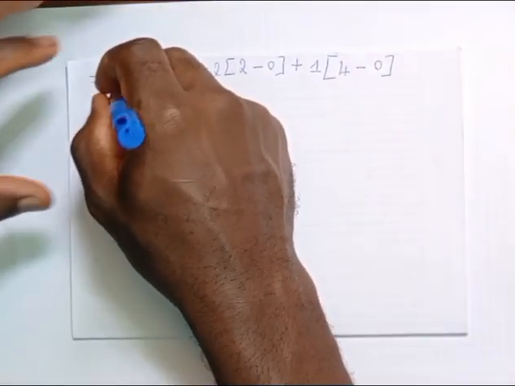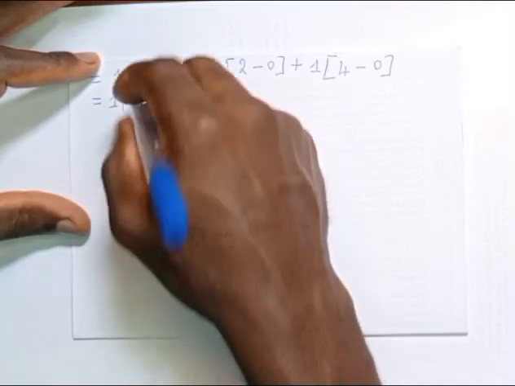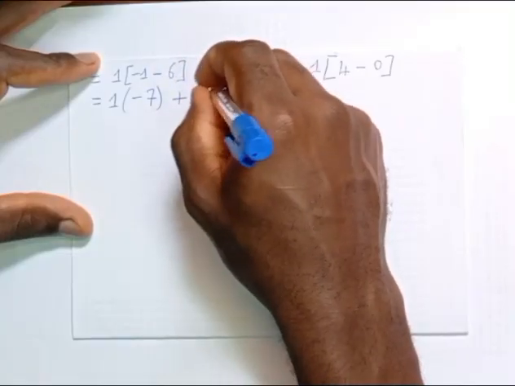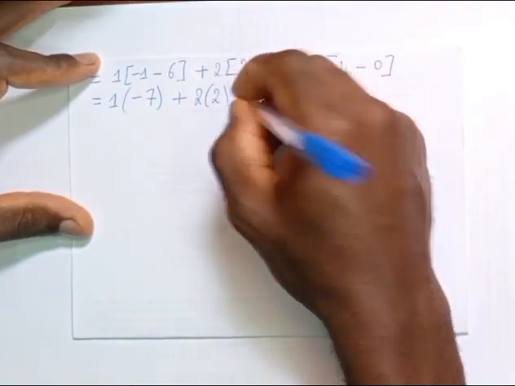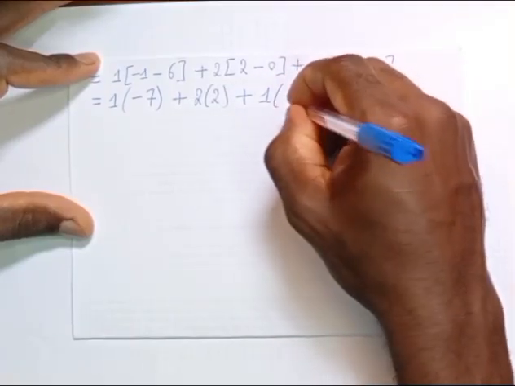This will simply be equal to 1 times -1 minus 6 gives us -7, plus 2 times 2 minus 0, which is 2, plus 1 times 4 minus 0, which remains 4.